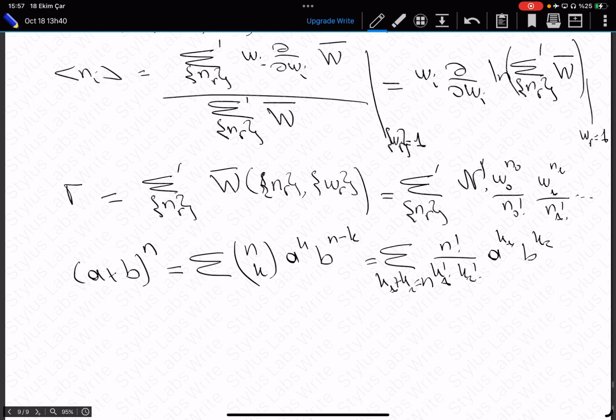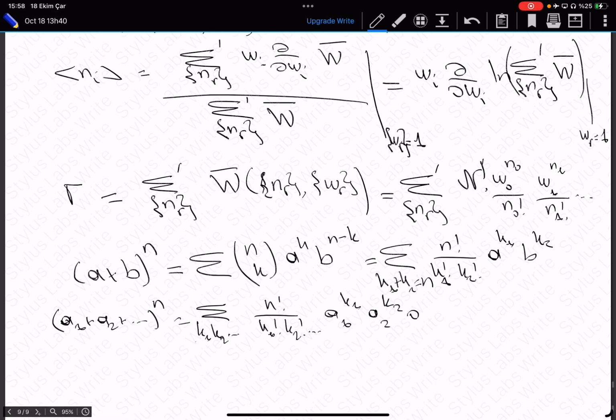This is just a binomial expansion. Well, we can generalize this: a_1 plus a_2 plus etc. to the power n will be the sum over k_1, k_2, of n factorial divided by k_1 factorial, k_2 factorial, a_1 to the power k_1, a_2 to the power k_2, a_3 to the power k_3, and all the rest, with the constraint that the sum over k_i is equal to n.